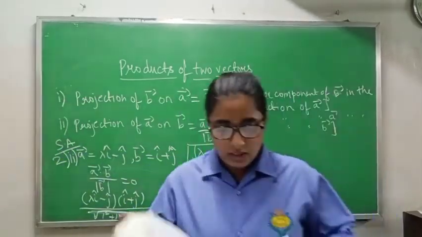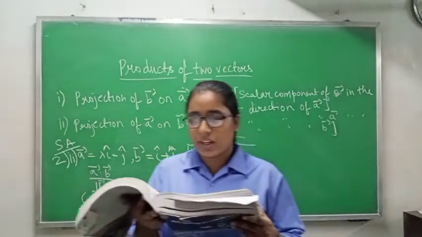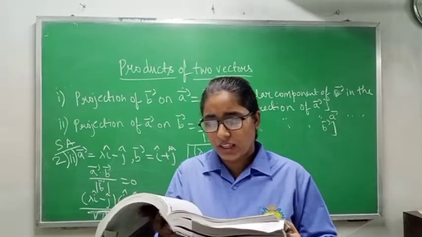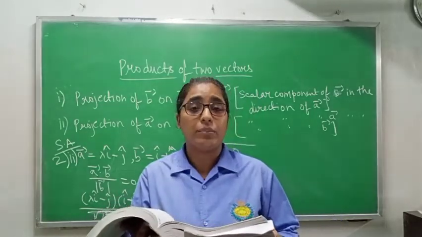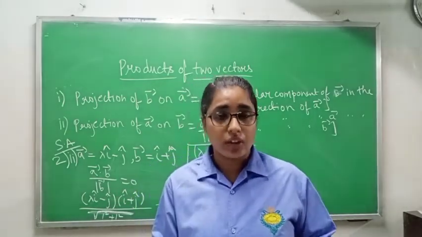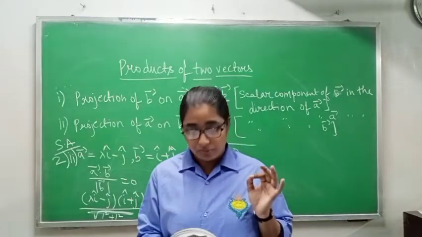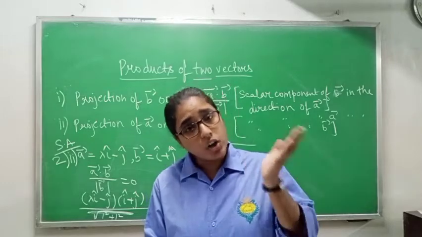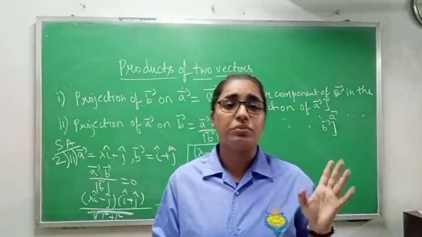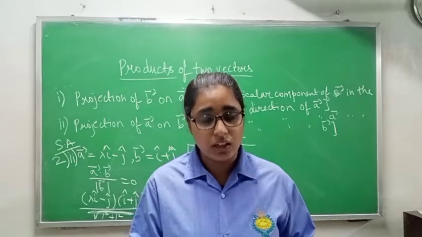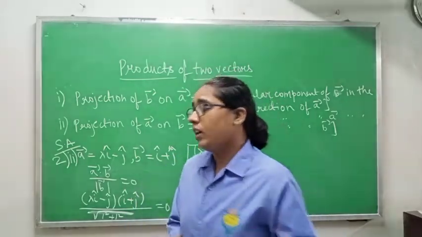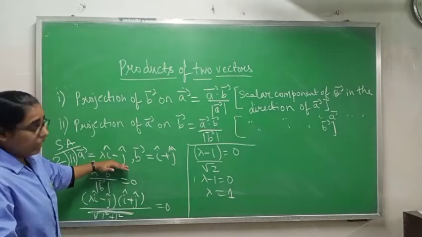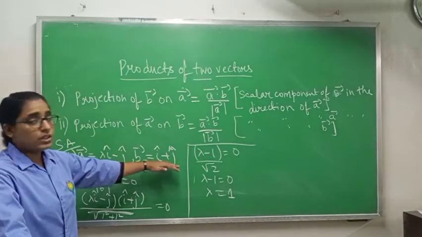It is given, if projection of vector lambda i cap minus j cap on vector i cap plus j cap is 0, find lambda. Okay, at that time what we will do? What is given? A is given lambda i cap minus j cap, B is given i cap plus j cap.